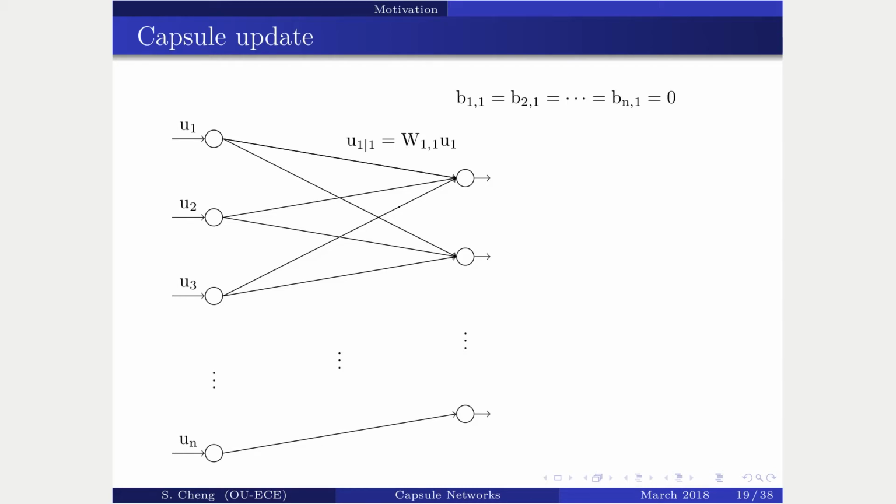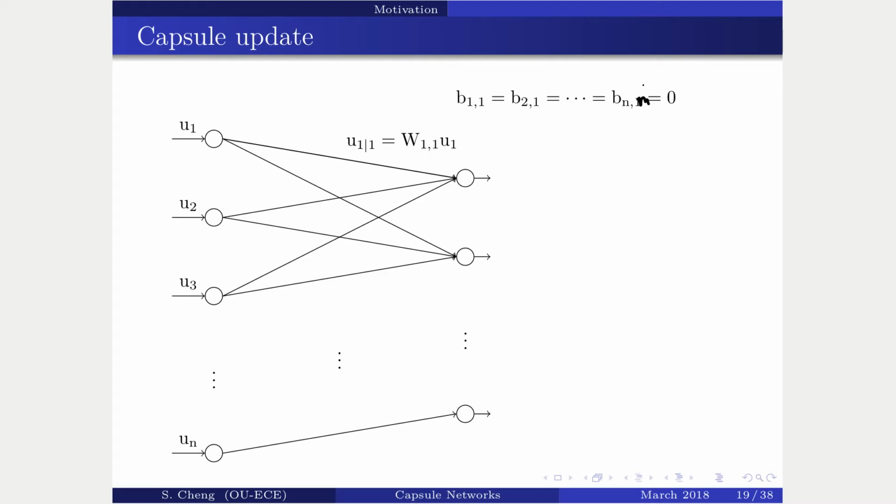Then we need to decide what's the routing weight for each of the links here. Initially the weight will be set equally. So the bookkeeping is done by using these dummy variables here like B11 up to BNM actually. And initially it's uniform, so all of them will be just set to 0.